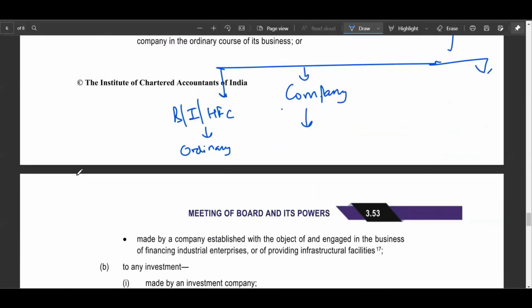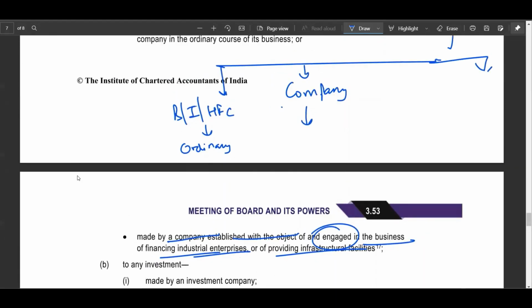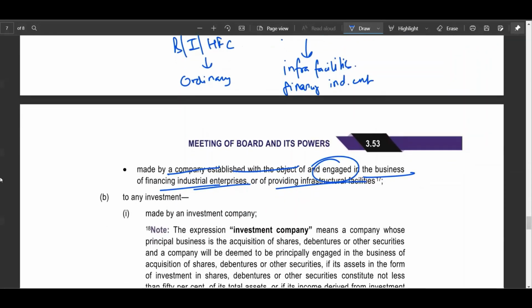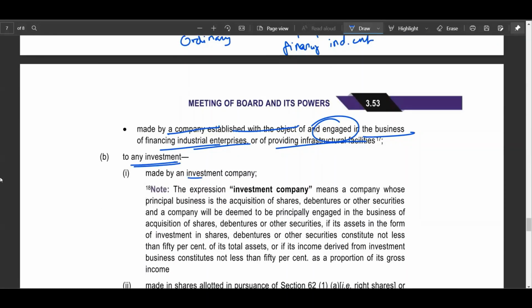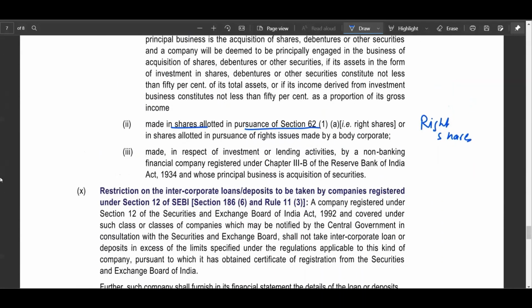All right, now this thing we have already studied: made by a company established with the object of and engaged in the business of financing industrial enterprises or providing infrastructure facilities. Company for providing infrastructure facilities or for financing industrial enterprise, and other things being any investment made by an investment company, made in shares allotted in pursuance of section number 62, which is about right shares, and made in respect of investment by the NBFC.